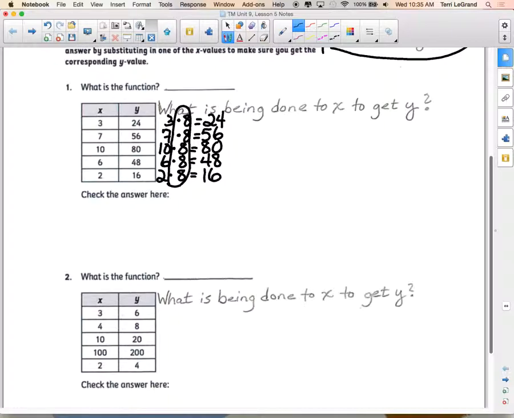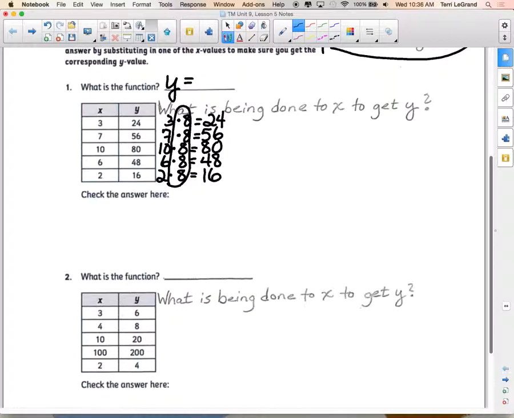So our function then could actually be written, the output, remember they said they want the y on the starting side of our equation. So y equals, we're going to get the output by doing what to the input? What did we do to the input?